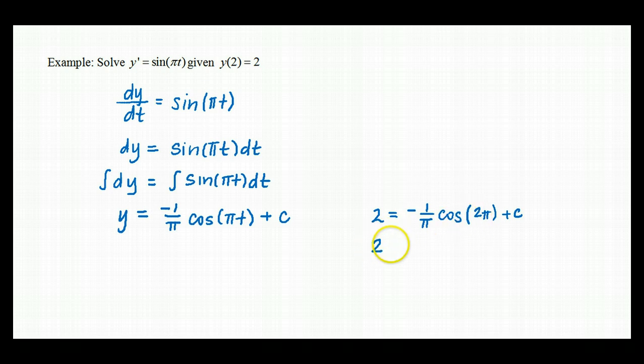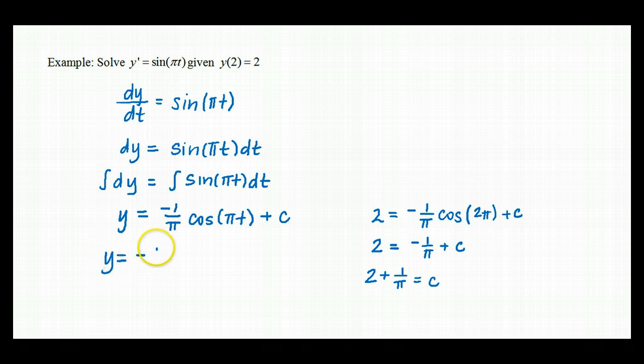So what I have is 2 equals negative 1 over pi times 1 plus c. So now, solving for c, I'm going to add 1 over pi to the other side, so 2 plus 1 over pi equals c. And then I'll substitute this value of c back into the general solution to get a specific solution.